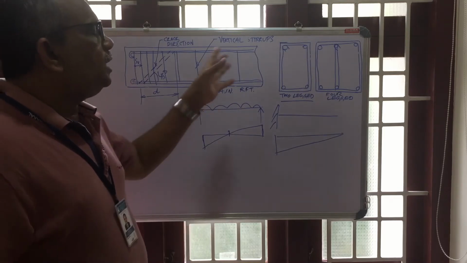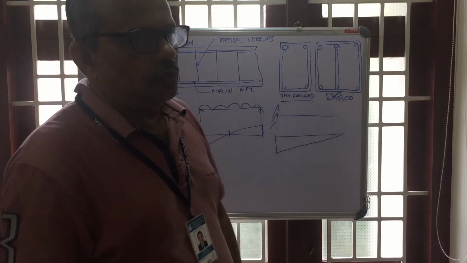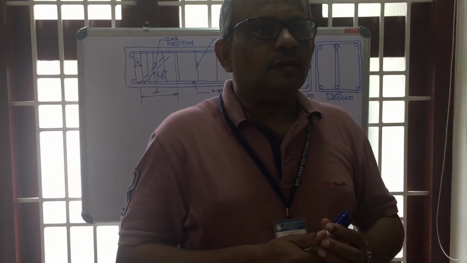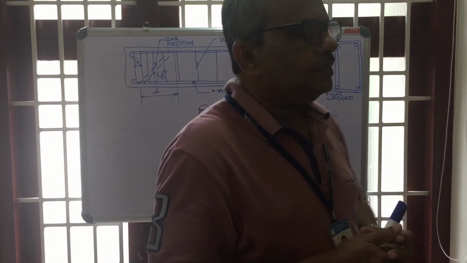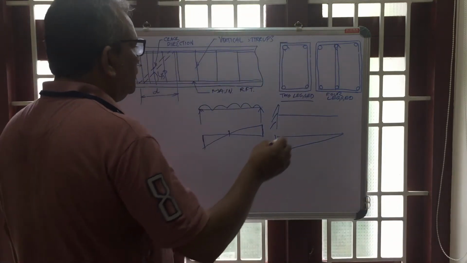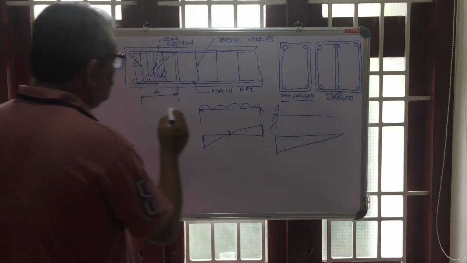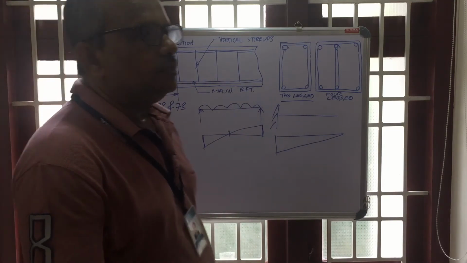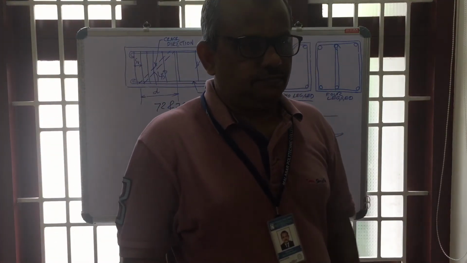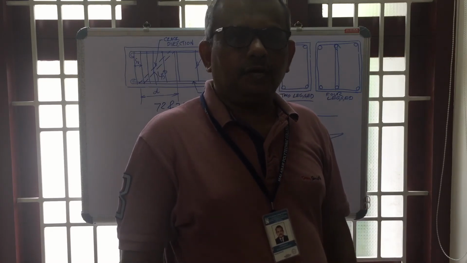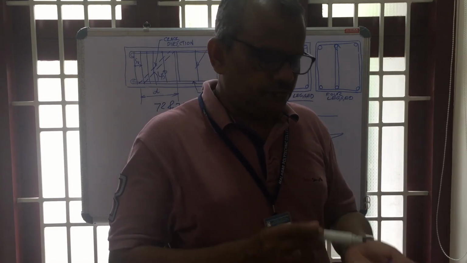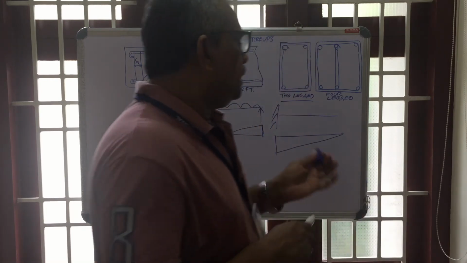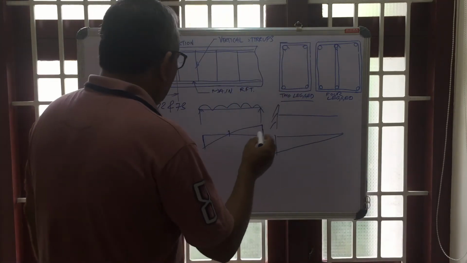Now, for the design of these shear reinforcements, you have to refer to IS 456 and also SP16. In IS 456, see pages 72 and 73 to get the design data, the requirements, how to find out the spacing of shear reinforcements, the shear strength, the nominal shear stress and design shear stress.